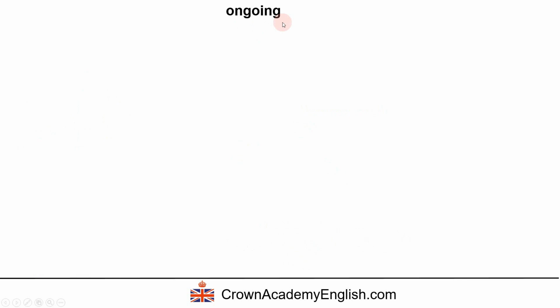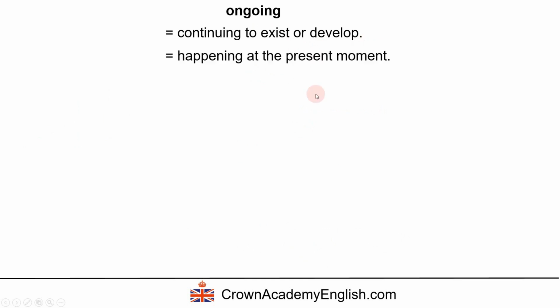Ongoing. This is very common in the news. And it describes something that is continuing to exist or continuing to develop. It's happening now. It's happening at the present moment. It's happening now, and it's not yet finished. Okay, it's not finished.